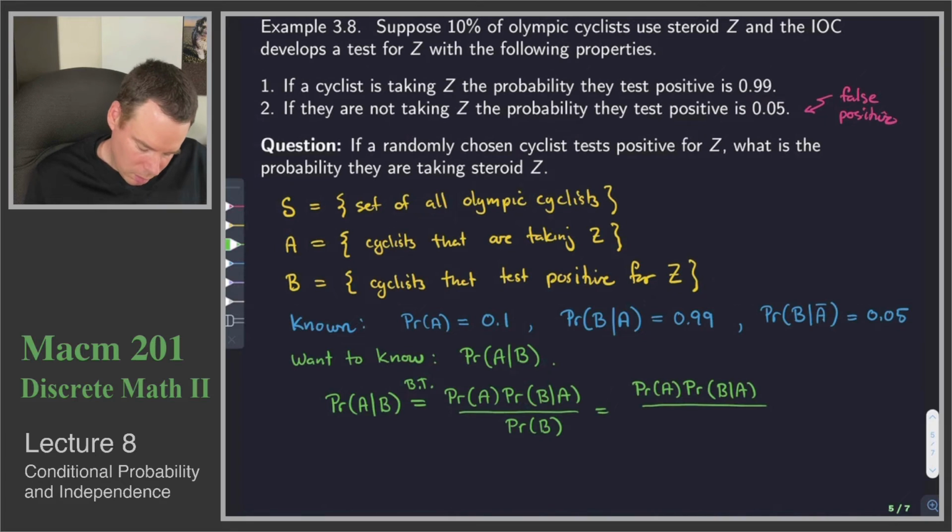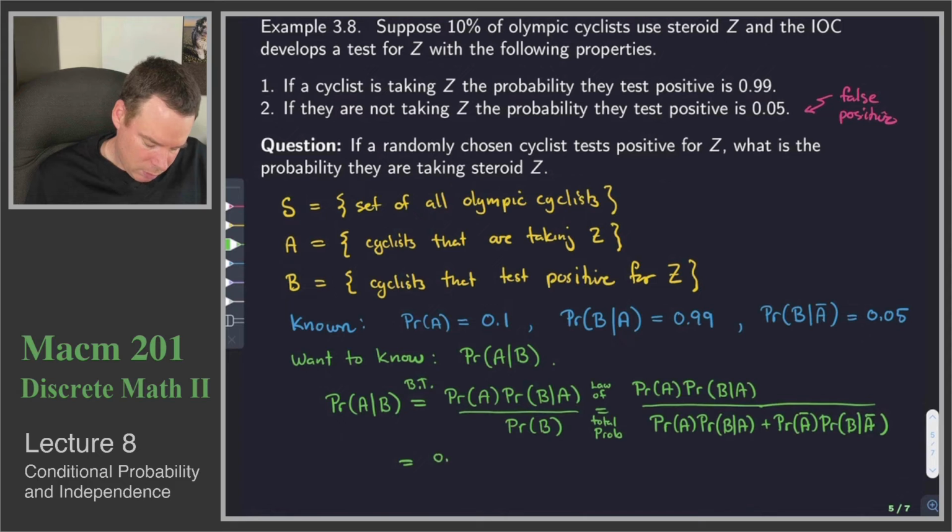And so I can use the law of total probability to get that the probability of B is the probability of A times the probability of B given A plus the probability of the complement of A times the probability of B given the complement of A. So this is by the law of total probability.